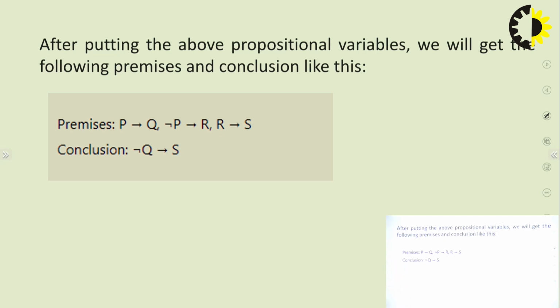So my premises are P implies Q, that is if P then Q. The other premise given in the question is not P implies R. The third one is R implies S. These three are my premises, and the conclusion which I have to validate is not Q implies S. So, I have first written all these things using the propositional variables and then identified my premises and conclusion.